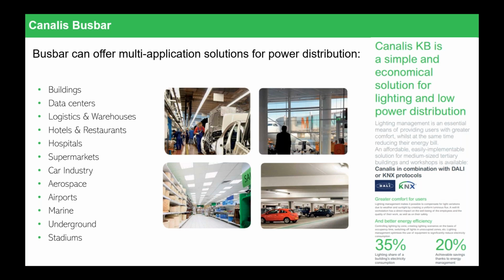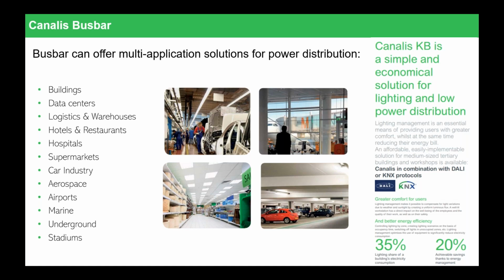Buildings, any type of buildings. We have data centers, and as I mentioned earlier, this is a big opportunity in the market, and a data center asks for granular supply, so the Busbar and tap-offs are the best solution. Logistics and warehouses, again, are booming, still booming after COVID and all the online ordering.